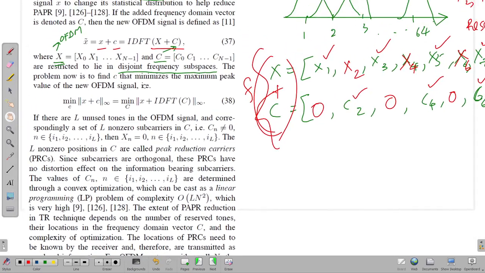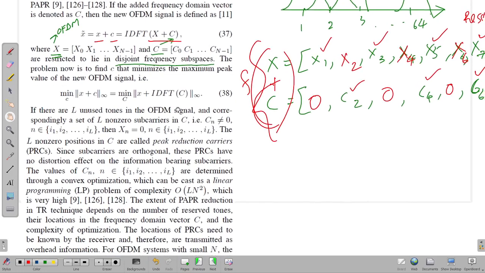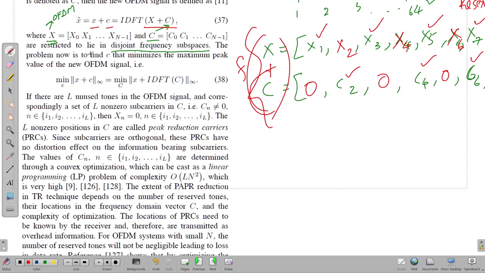Now, how will you find the value of C in order to reduce PAPR?